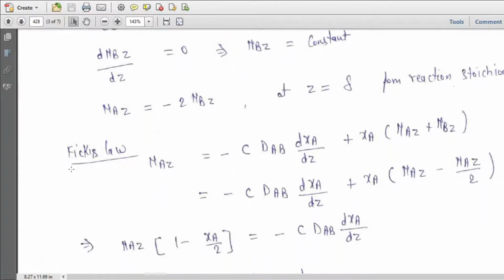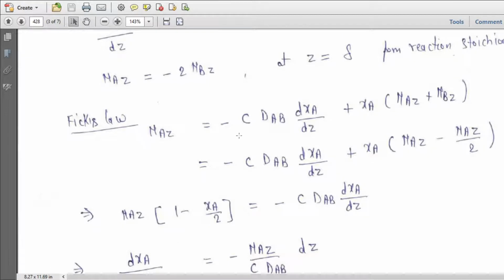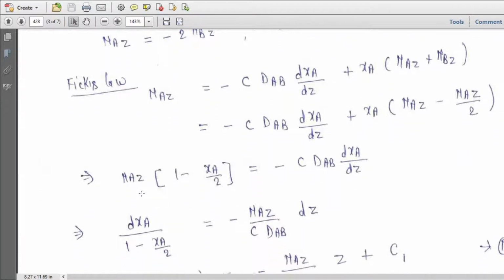Now Fick's law says that NAZ equals minus C DAB dXA/dZ plus XA times (NAZ plus NBZ). So we can substitute the value of NBZ from here, and we get NAZ equals (1 minus XA/2) minus C DAB dXA/dZ.